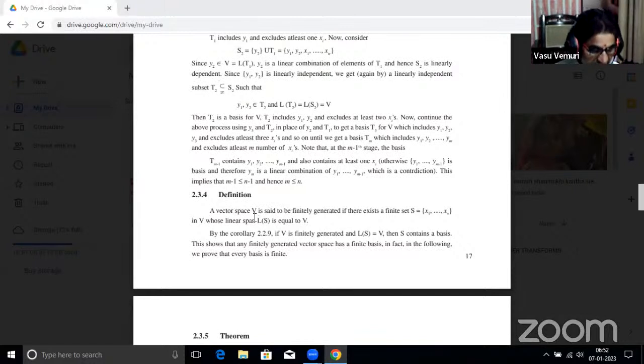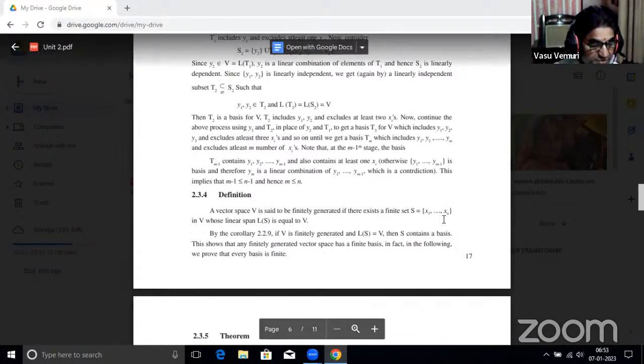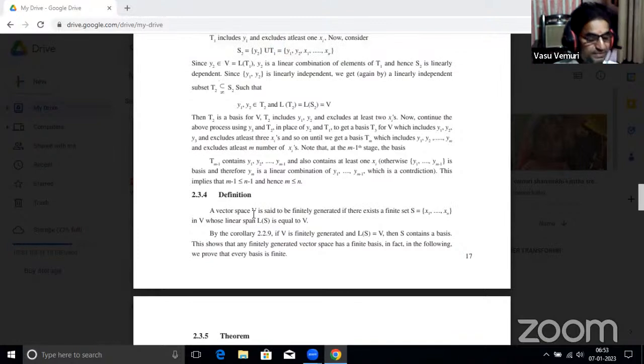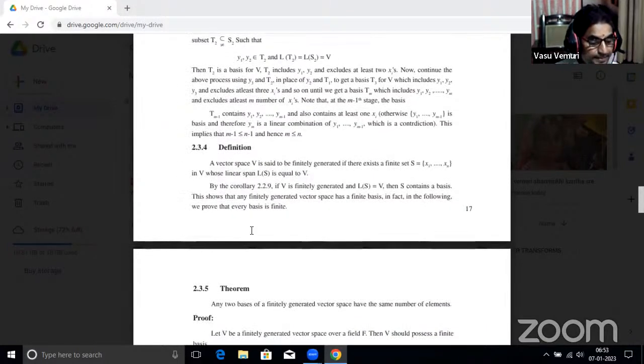When a vector space is finitely generated, it means there exists a finite set, the set of x1, x2, so on, xn in the vector space, whose linear span is equal to capital V. That is called finitely generated, because that subset of elements must be finite. Then L of S equals V, and the finite set also exists in V. So that is called the finitely generated part.